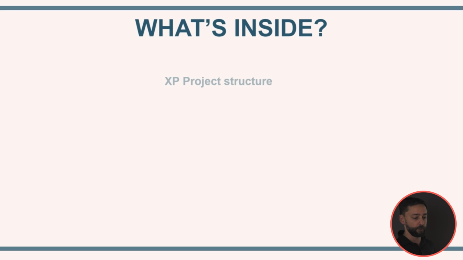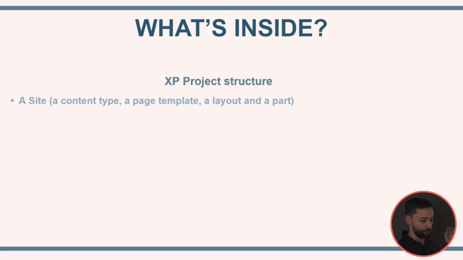So what is inside? When it comes to XP project structure, which we all are familiar with, the starter has a site with one simple content type, page template, layout, and demo part. It has a web app. It has one admin tool. It has 3 different types of widgets. It has a service which actually integrates with a third-party lib.